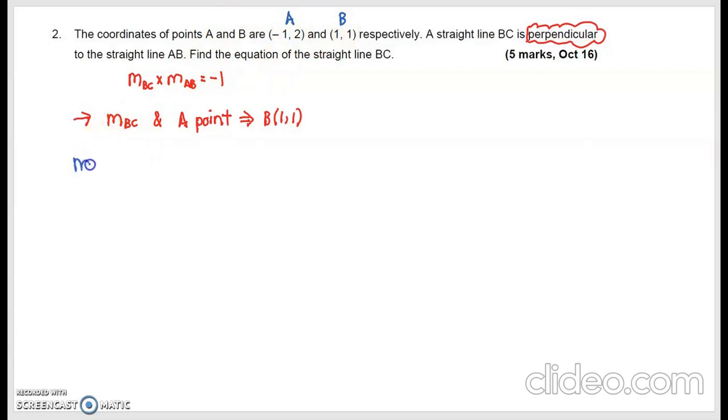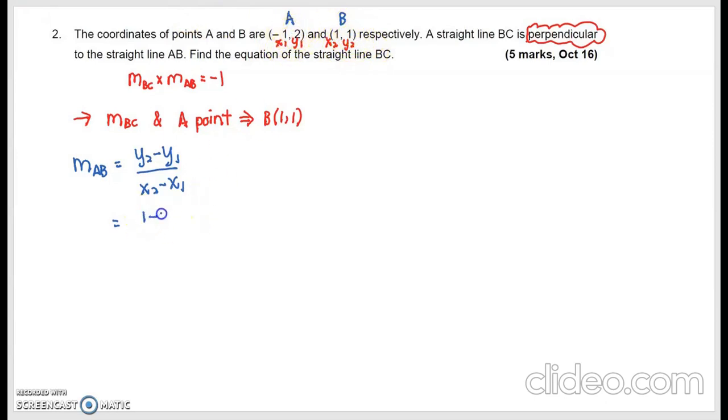So m AB for gradient, if you still remember the formula, y2 minus y1 over x2 minus x1. So from here, let's say I try to label. Here is x1, y1, x2, y2. So y2, which is 1, minus y1 is 2.